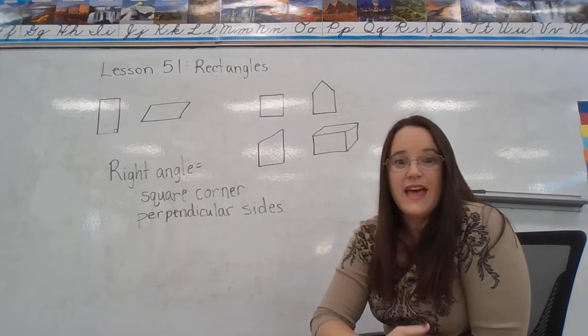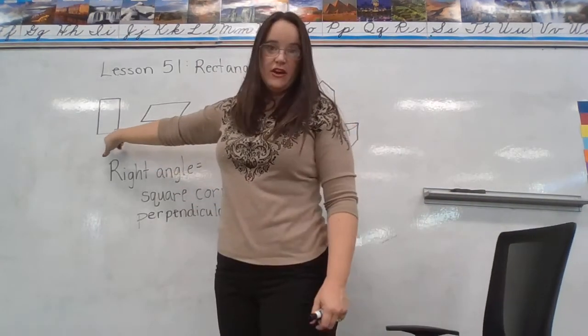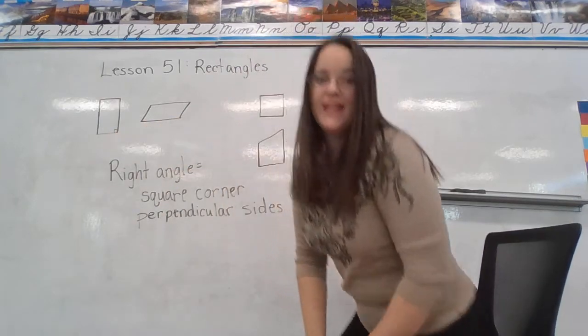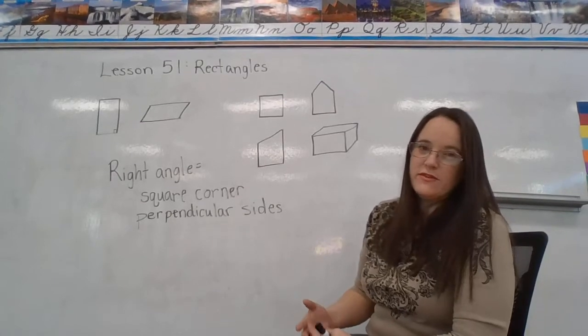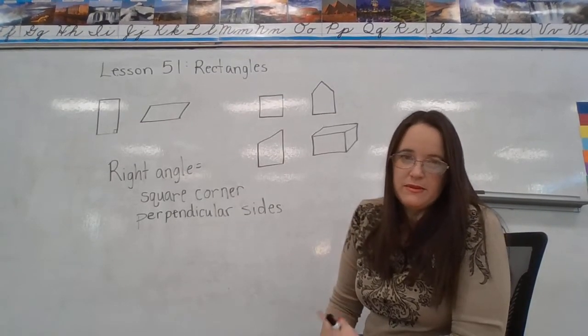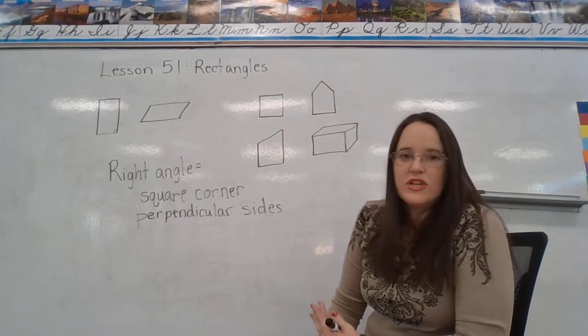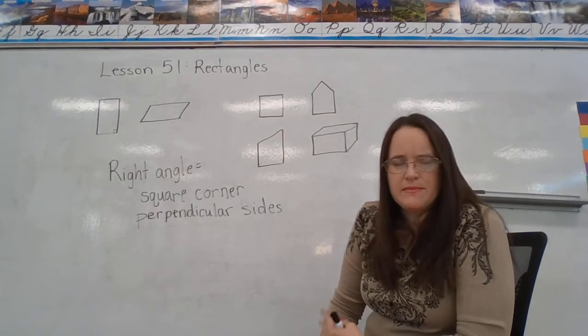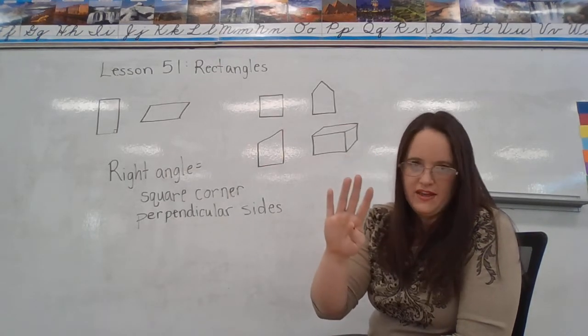No. So that is why we could have a rectangle like this one right here, which is not a square. So it can be a little bit confusing. You are going to see problems that talk about that throughout the book in your written practice. So just keep in mind what makes something a rectangle. Four sides, four right angles.